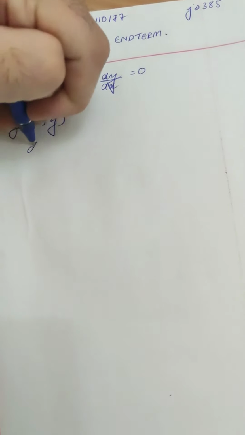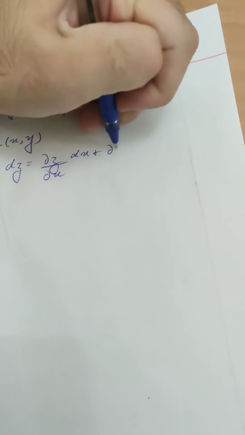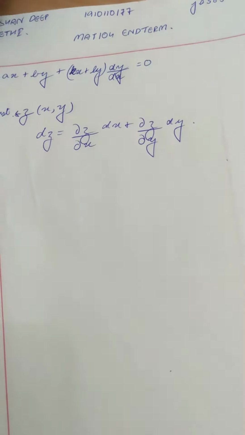One thing we know is that dz is basically the partial differential of z with respect to x times dx plus the partial differentiation of z with respect to y times dy, and this is what the differential would be. Now if we take z to be constant, then dz would become 0.